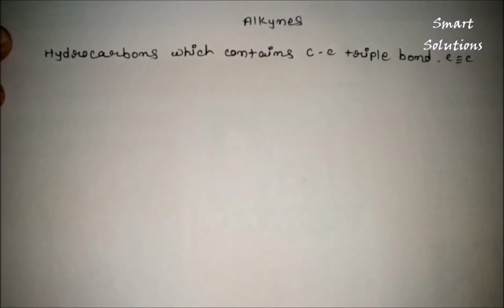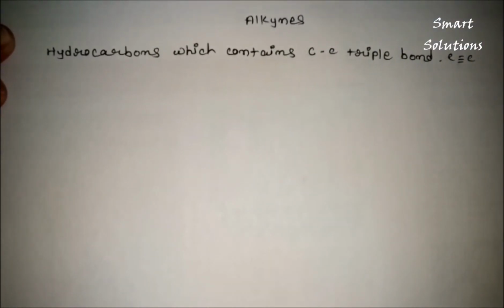Then alkynes contain 4 hydrogen atoms less than the corresponding alkanes, and 2 hydrogen atoms less than the corresponding alkene.